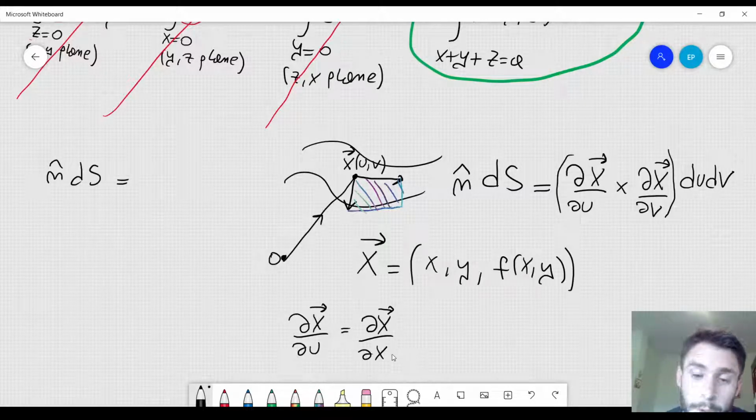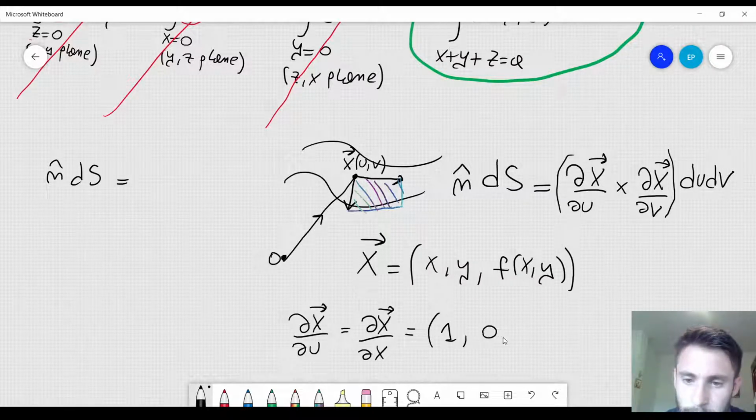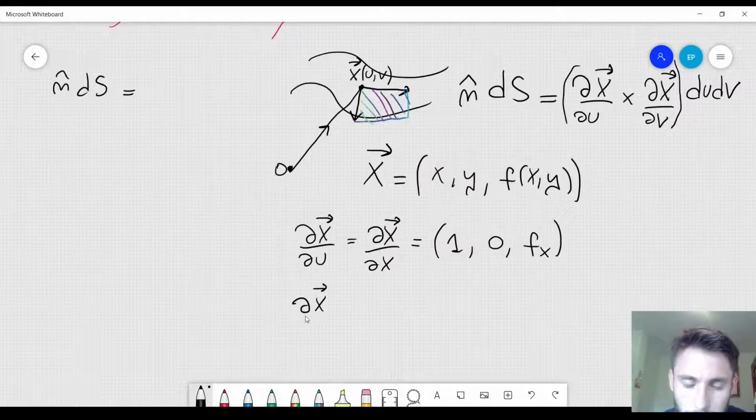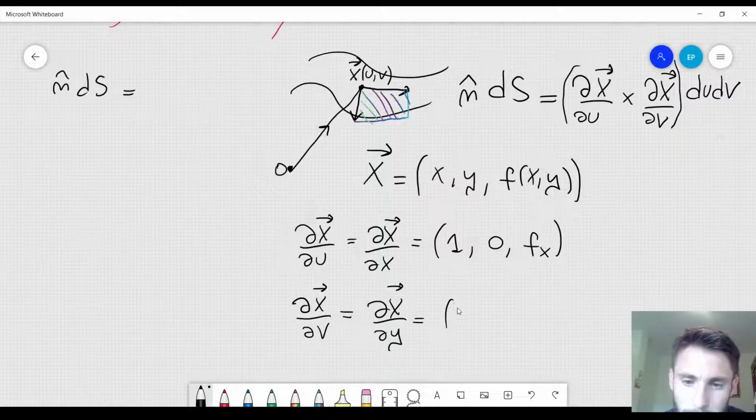Please do not get confused between this x here and this vector x. They are different. And this is equal to the vector (1, 0, f_x), where f_x is just the partial derivative of f with respect to x. And something similar for dx/dv. This will just be given by dx/dy, and therefore we get (0, 1, f_y).